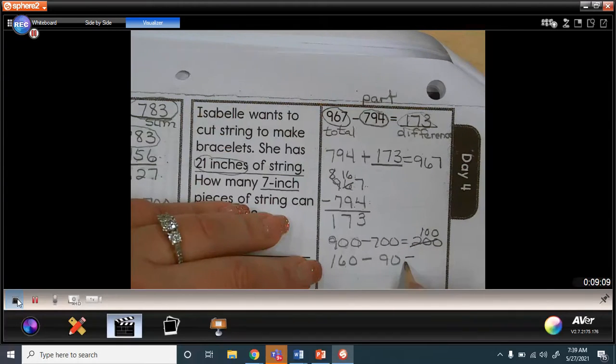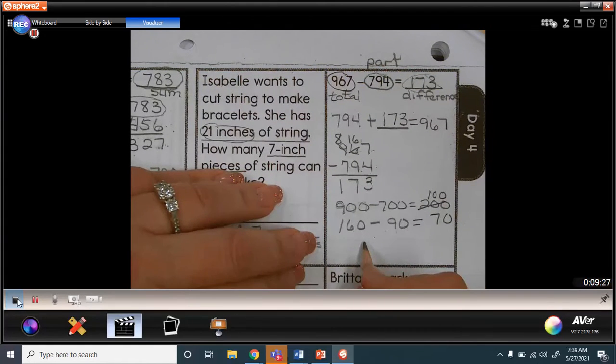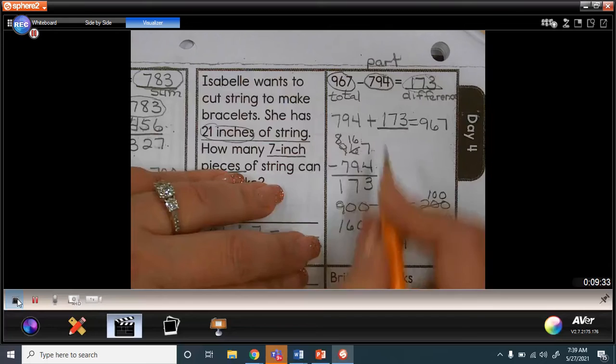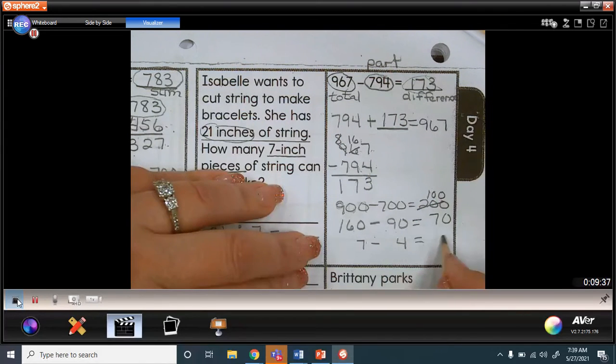And now I'm going to subtract. So to get to 100, I would need one more 10. And then from 100 to 60 is going to be 60. So 60 and 10 more is that 70 that we were thinking about earlier. And finally, I have to subtract 7 minus 4, and that gives me a difference of 3.